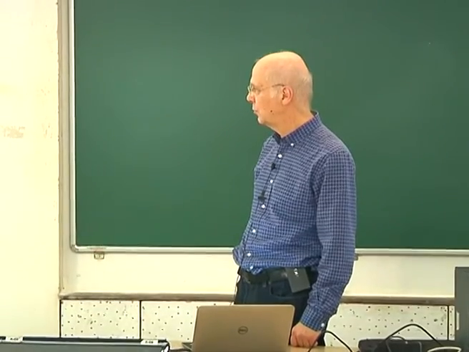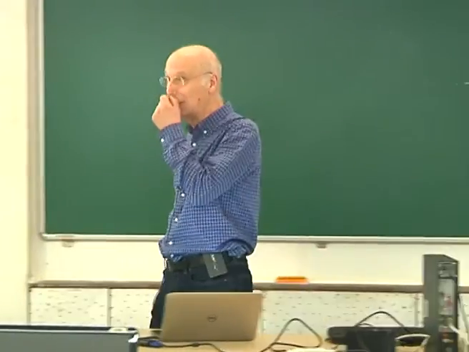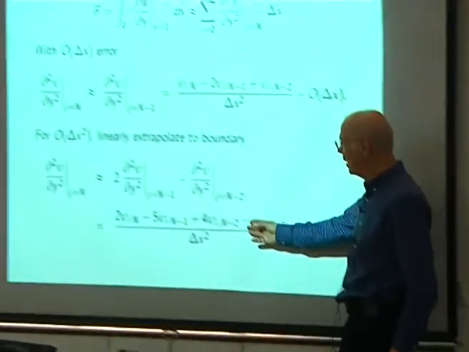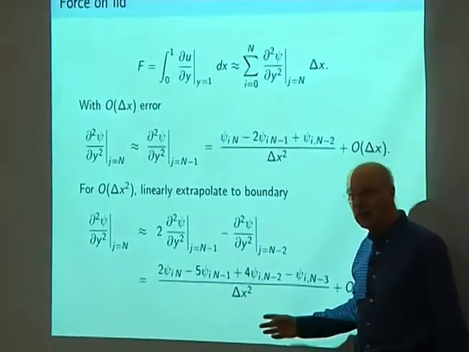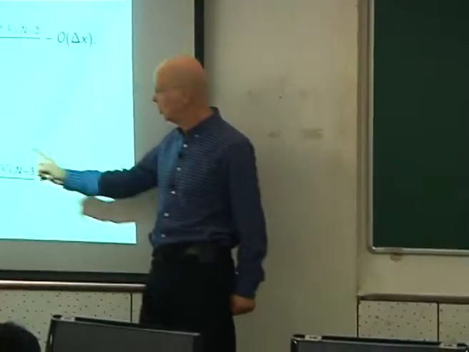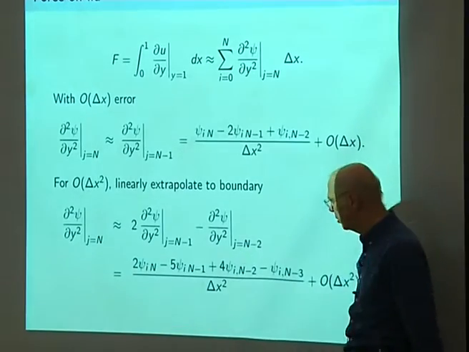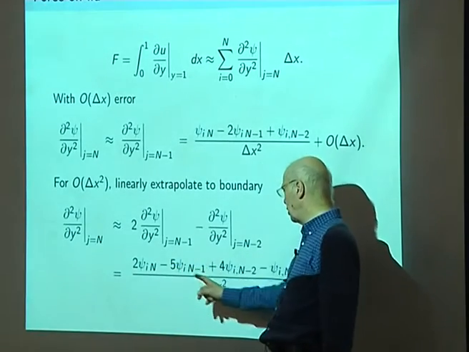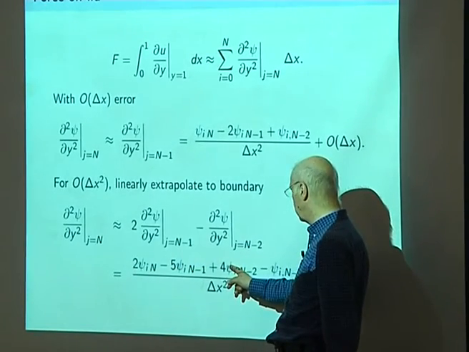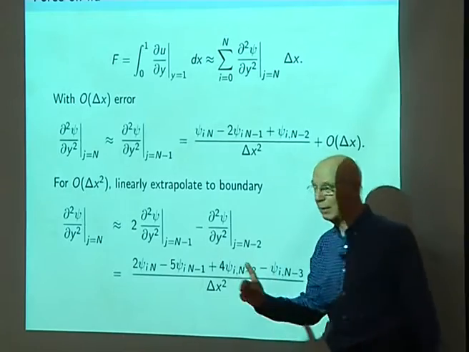You have to be quite careful with all these big numbers around, like 2 minus 5 plus 4 minus 1. So when you get a long expression like this, you may need to go and do this test. If psi is a constant, what does this expression tell me? So a constant is 2 minus, that's minus 3, plus 4 is plus 1, minus 1 is right.